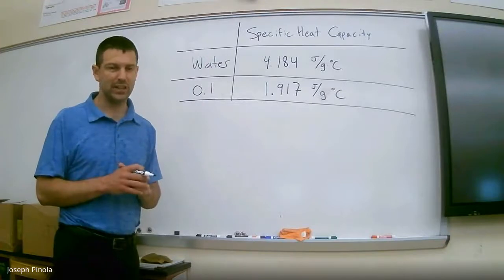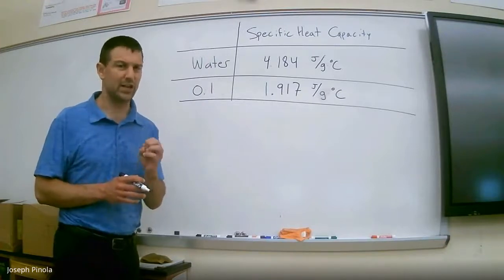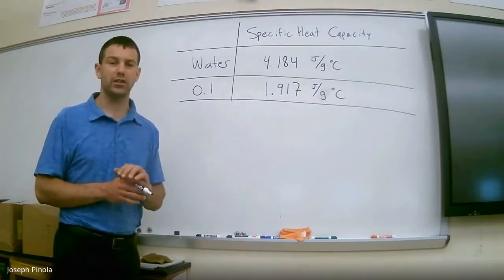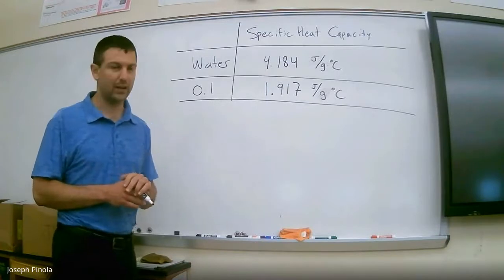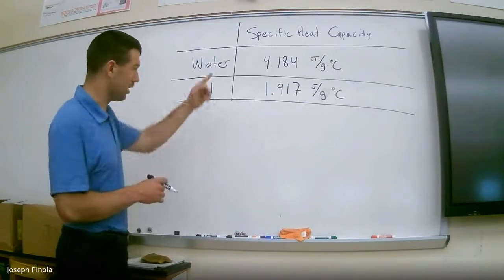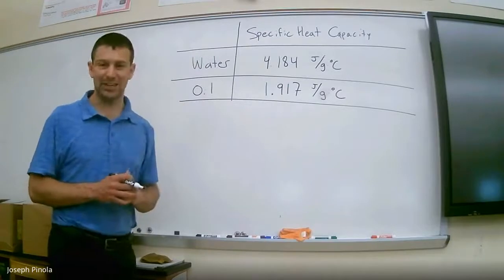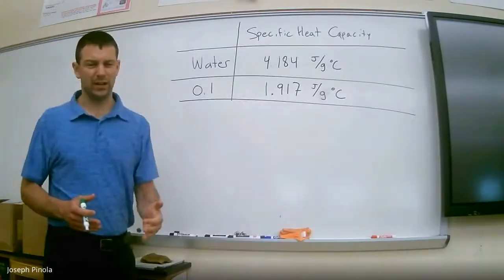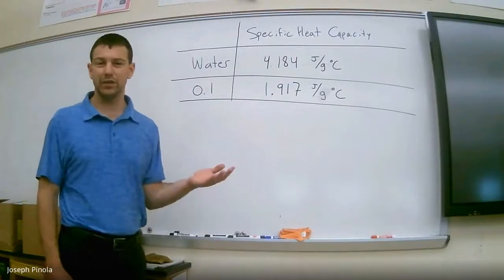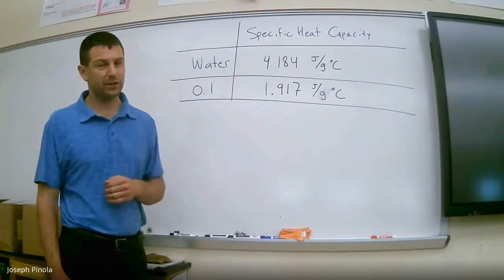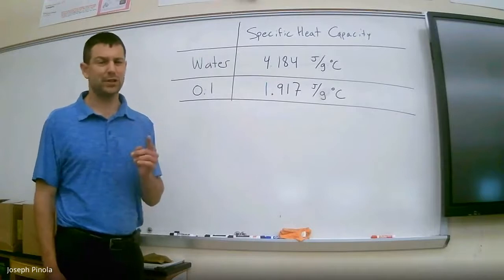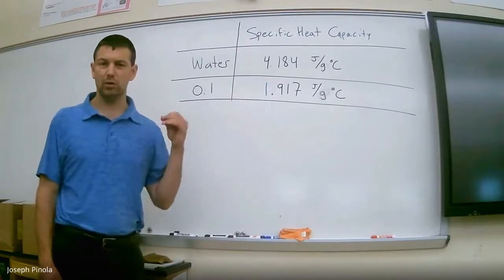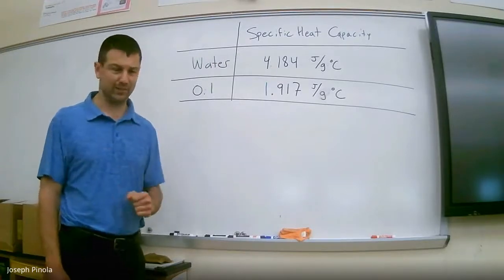And as a result, it takes a lot of energy, and it is very hard to change the temperature of water. And that is thanks to water's really high specific heat capacity. So that's great. We know that objects that have high specific heat capacities need a lot of energy to change their temperature, but objects with low specific heat capacities will change their temperatures very dramatically.